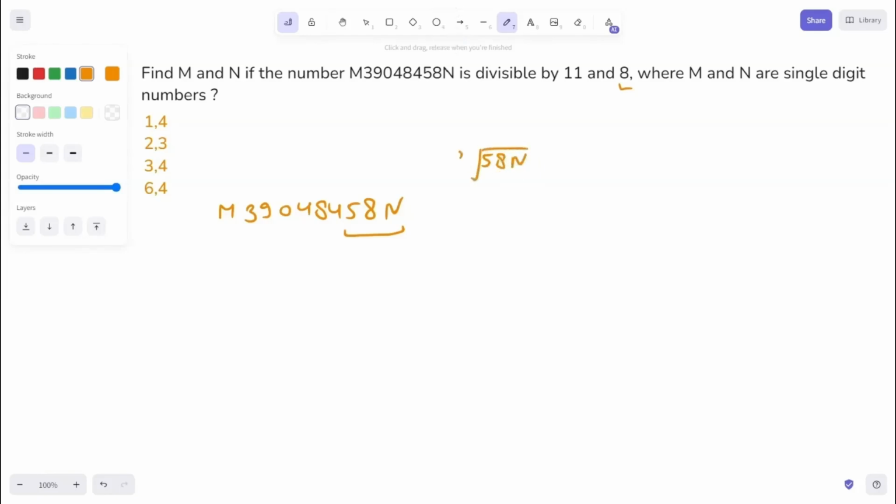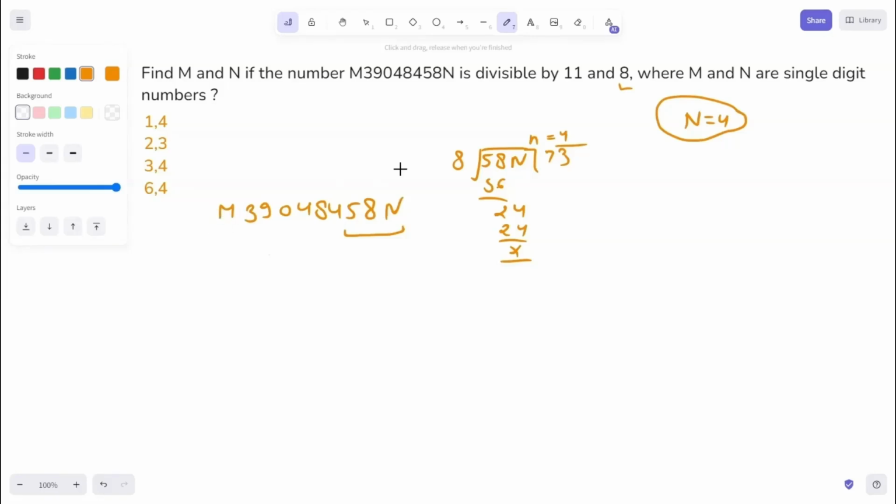Now let's divide. 8 sevens are 56, the remainder is 2. Now what should be the value of n so that it will be completely divisible? If I put the value of n as 4, it becomes 24, and 24 is a multiple of 8, so it divides 3 times. So the value of n will be 4. If we put 4 into this number, it is completely divisible by 8.